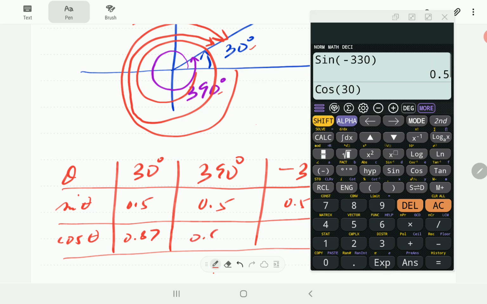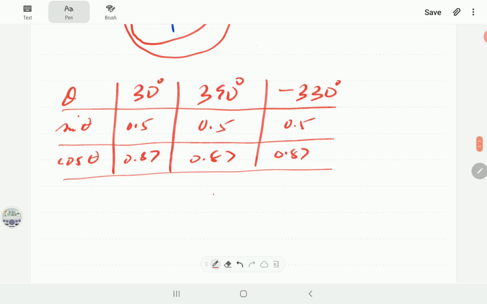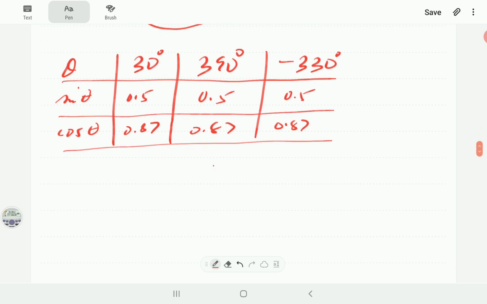So again 0.87. Then let's do cosine negative 330. Again is 0.87.